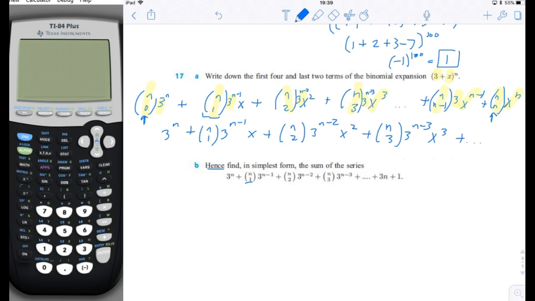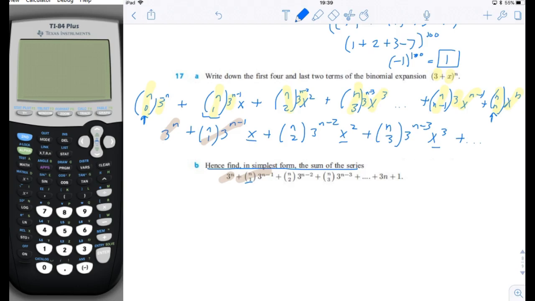Now it says, hence find in its simplest term the sum of this series here. Look at this series. This series looks almost exactly like the series we just drew. So for example, 3 to the n, 3 to the n minus 1, 3 to the n minus 1 x. Oh, but look, ours has an x squared, x cubed. Theirs doesn't. How would we get rid of x squared and x cubed?